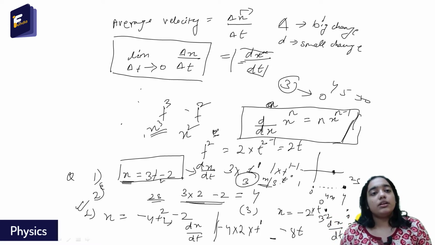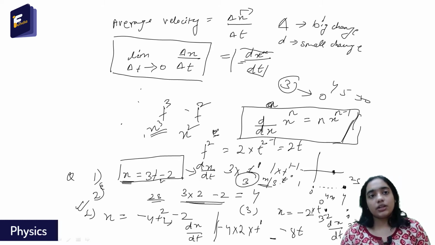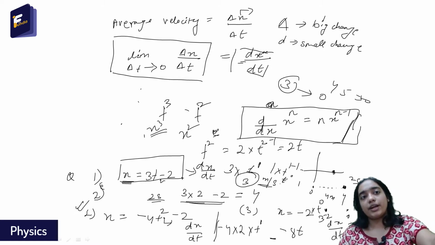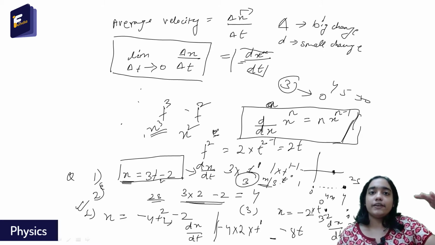That means the velocity is 0. That means the particle is at rest. So by finding dx by dt, we found that dx by dt equal to 0, so the instantaneous velocity is 0.